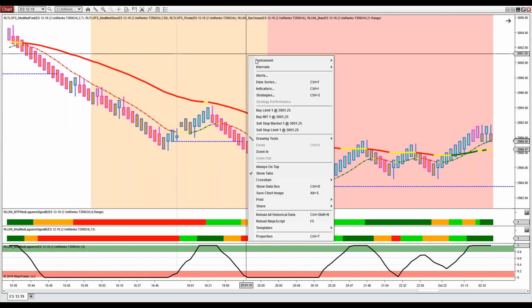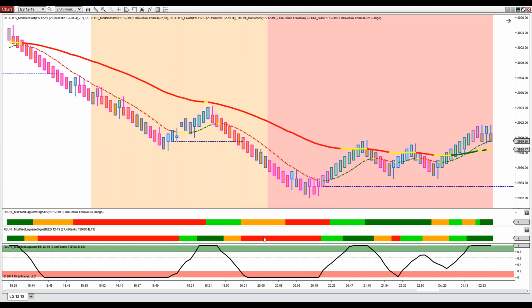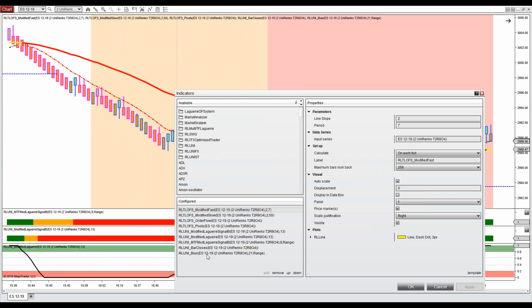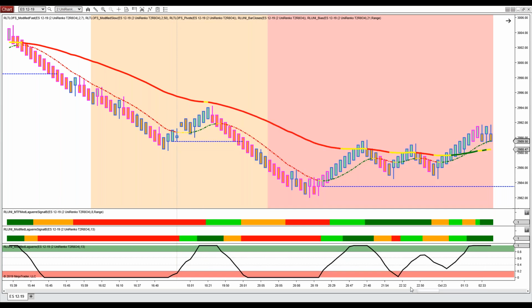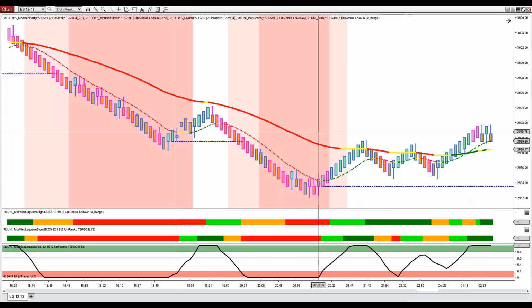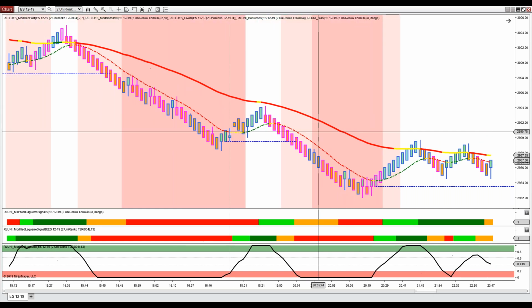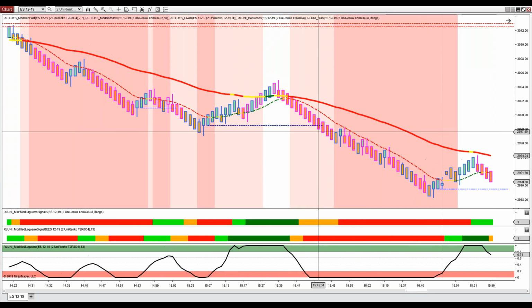Now let me see, I think I have to change the bias too. Yep, let's go to an 8. And remember, the templates will have these. And here we go. And there's your E-mini.